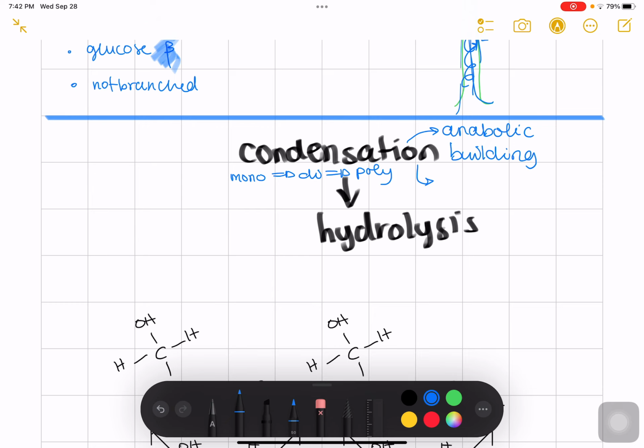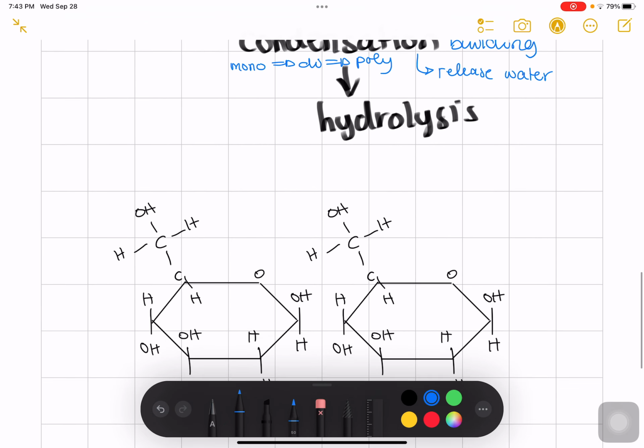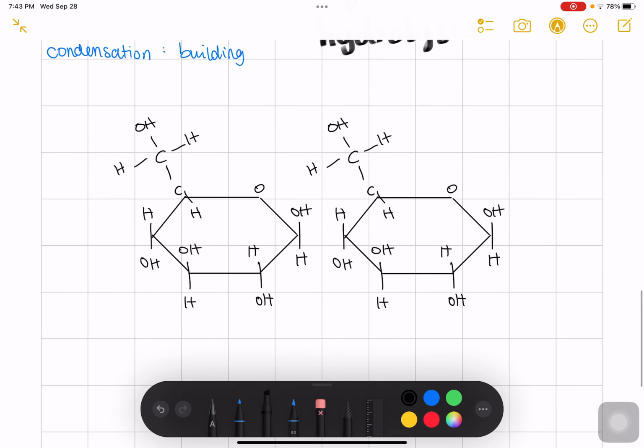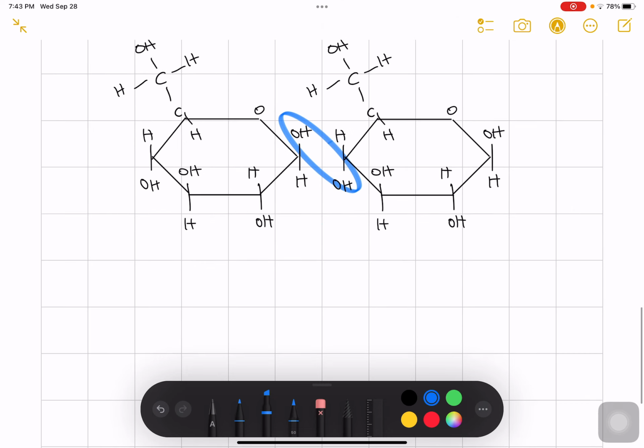Okay, so condensation is going to release water as a byproduct. Condensation is building. So when we're performing condensation, the O and the H will bond together, will come together basically, and these will form, can you guess what?